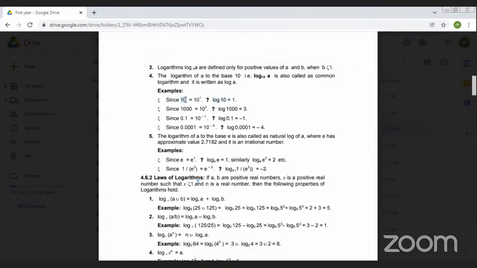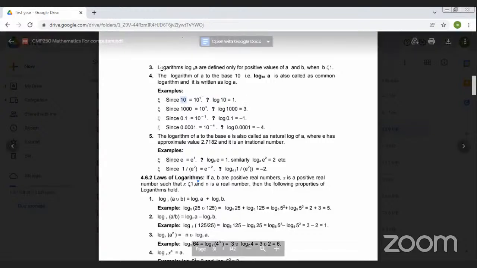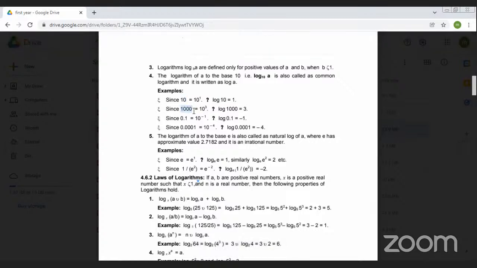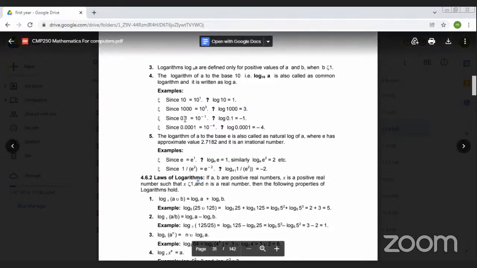Check over here. 10 is 10 raised to 1, so your log 10 value is 1. You don't need a logbook for it. Similarly, if you have 1000, at that time it is 10 raised to cube. So we just need to write this n term. Now 0.1, how do I write it in terms of 10th power?